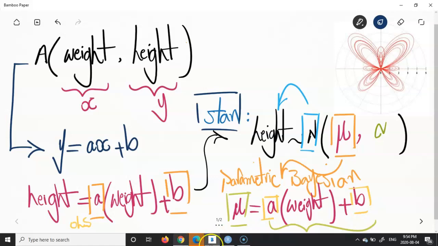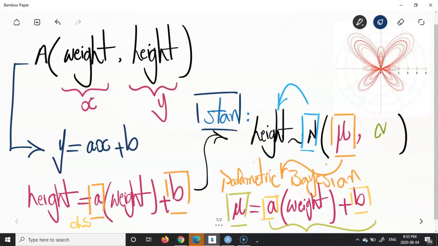In order to describe the mathematical equation, we do not say height equals A as an intercept multiplied by weight plus B. We have to first say that height is going to be described by a probability distribution, which we look at as a normal distribution, defined by two parameters: mu, which describes the average or the central tendency of the heights with respect to the X, and sigma, which is a measure of the dispersion around the central tendency.